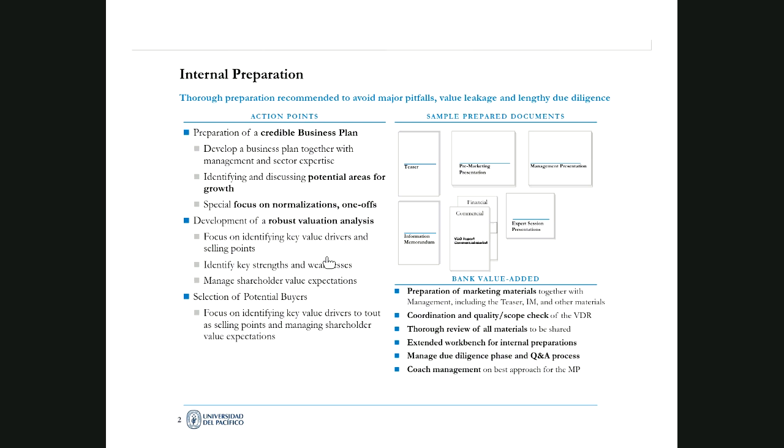And based on this, you sit down and discuss these potential areas for growth and try to put them down in terms of projections. Okay, so you try to understand how the management and company believe this company is going to do in the future, and then try to bring this down to figures.